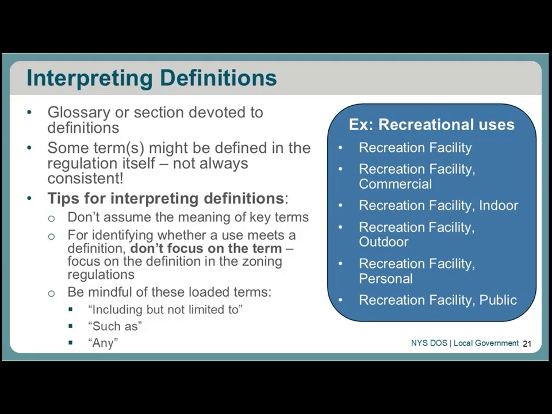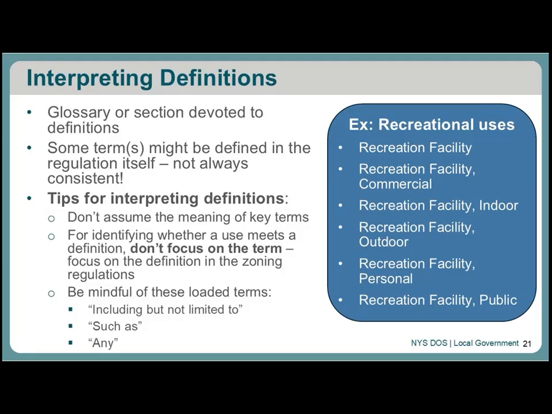And then just as an example here on the screen for recreational uses, you may have, and this could be not even a full list, six different types of recreation. There's recreation generally, which in a community that is rural and doesn't have a lot of different changes in the way your community is developed, you may need only a couple of definitions to really capture all of the recreational options.